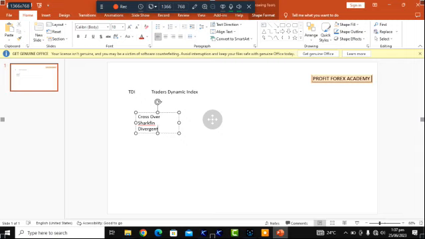So these are the major things that the TDI helps you to do. Crossover helps you to know when to enter the market. Shark fin helps you to know when to leave the market, and then divergent helps you to know when the direction of the market is about to change.